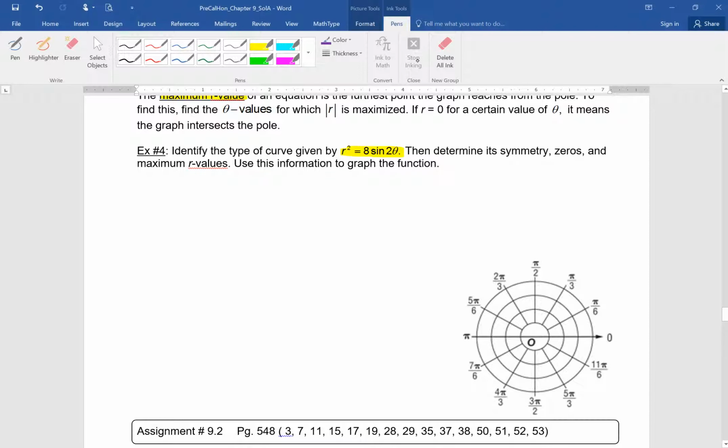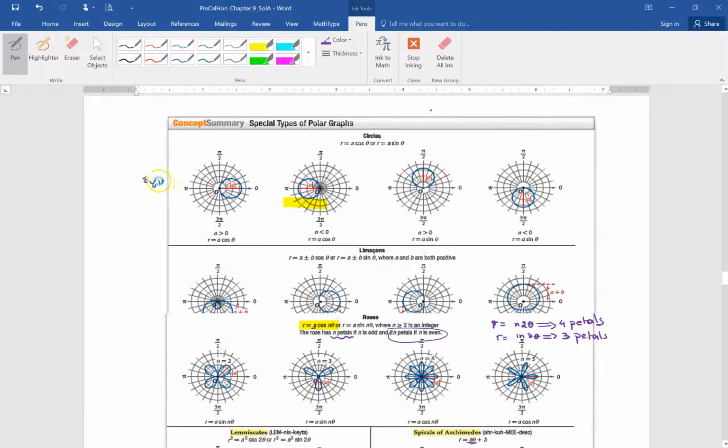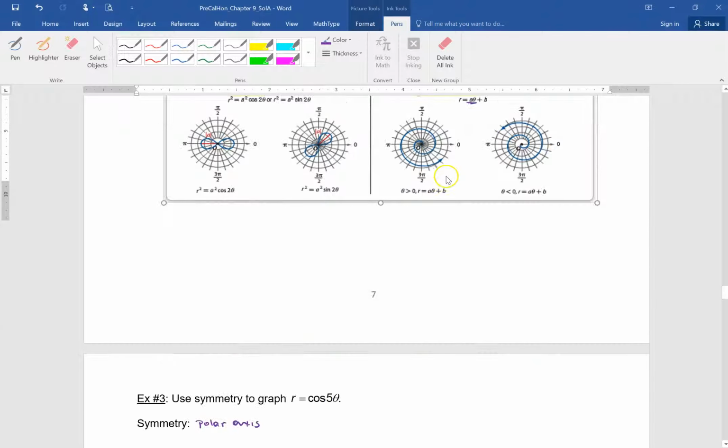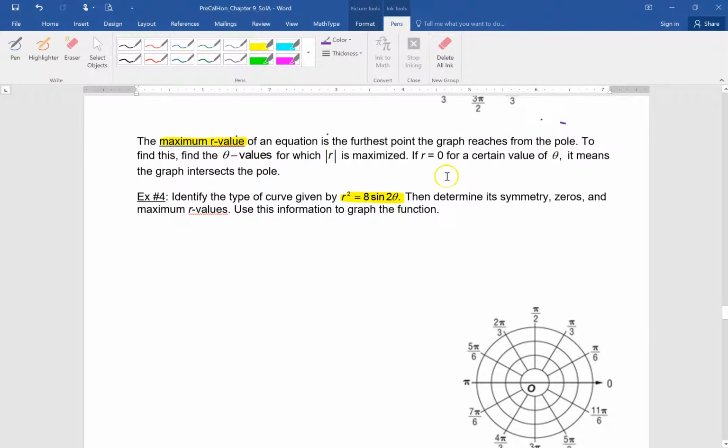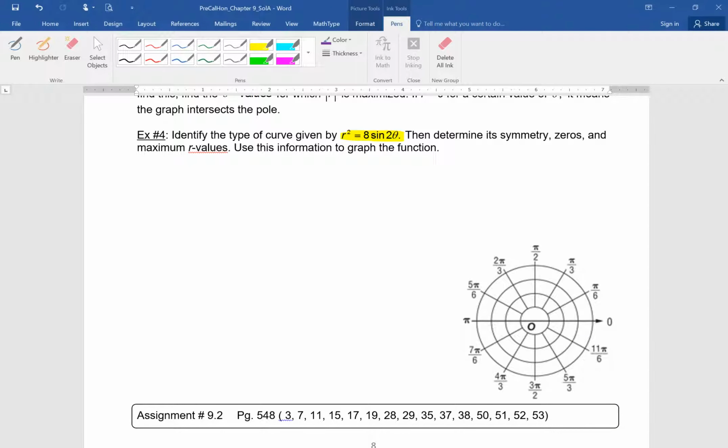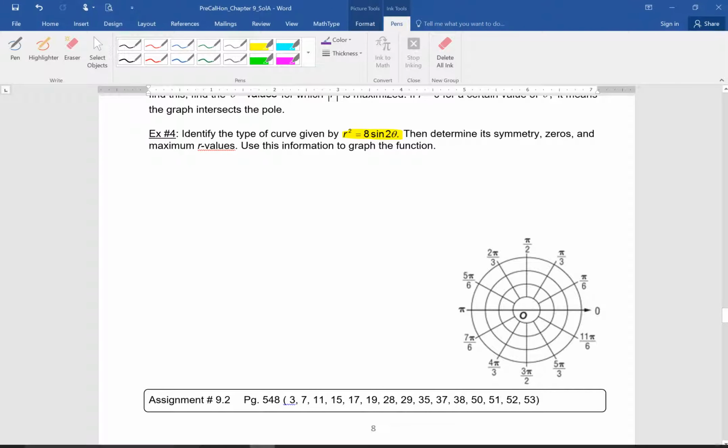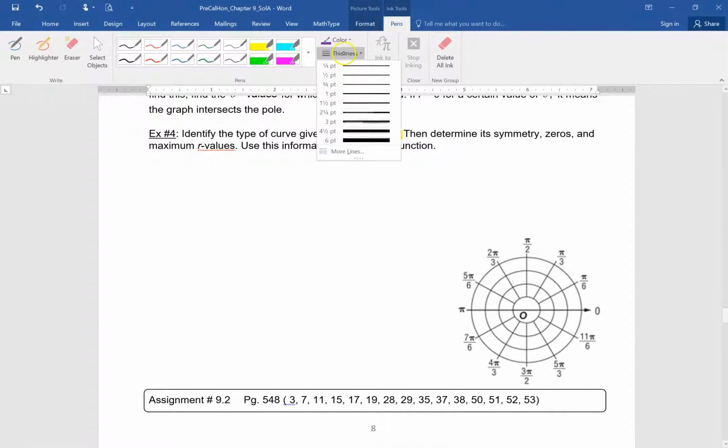Okay, so now what we're going to do is this. Let's talk about the symmetry.